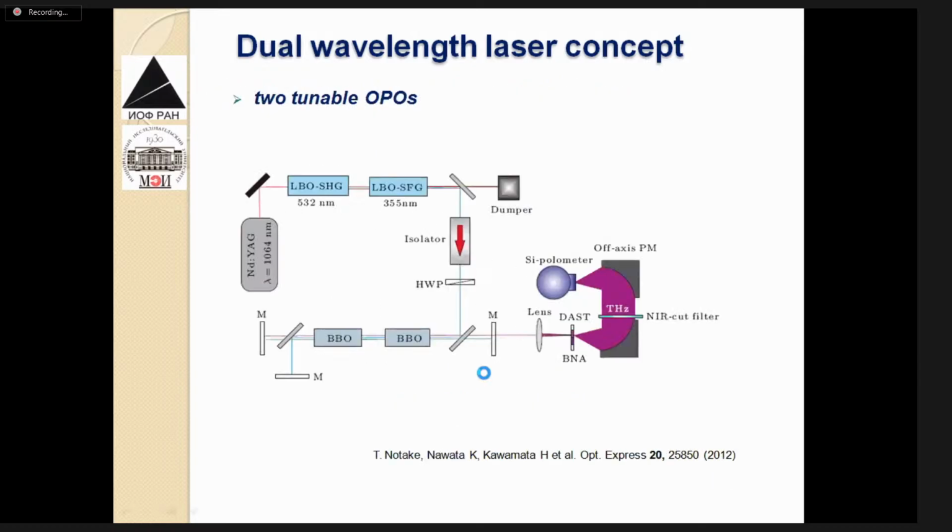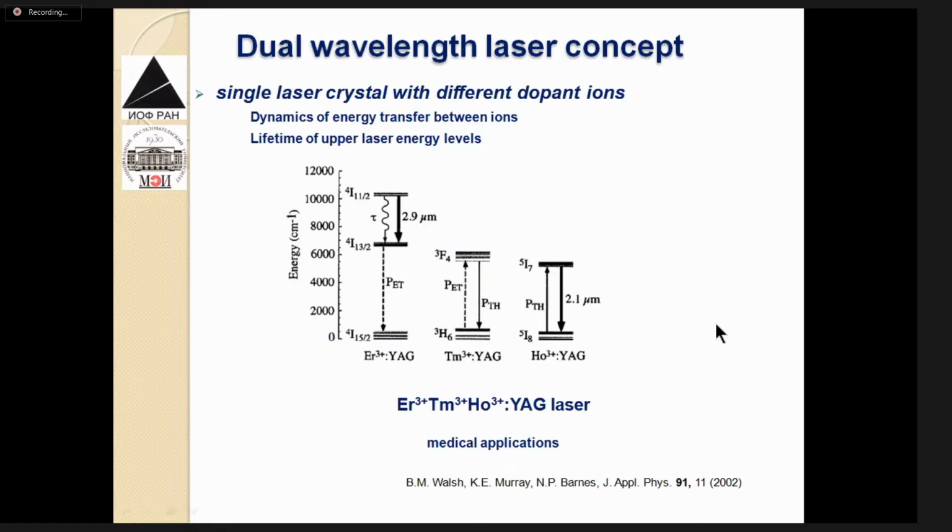Also, there can be oscillation in the same laser crystal of two active ions.